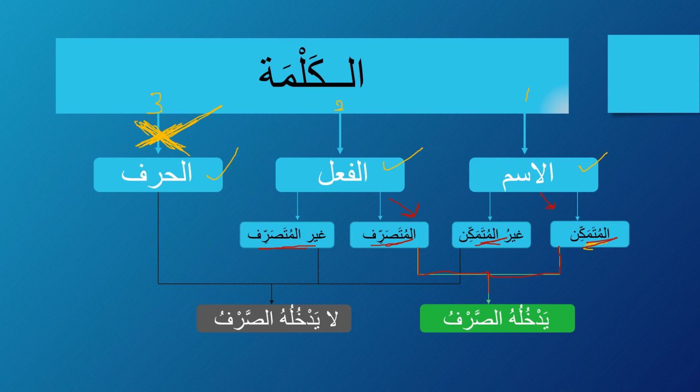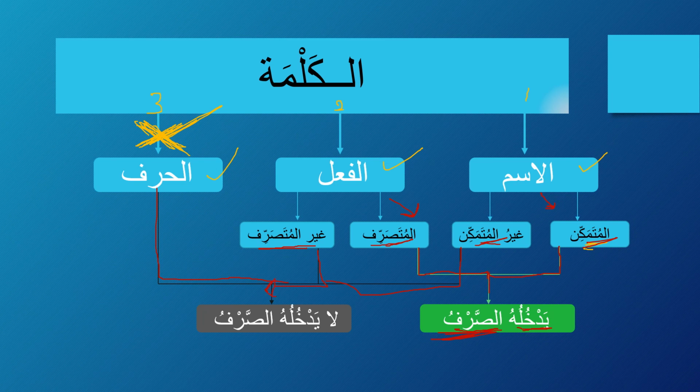So yadkhuluhu Sarf: it can change, Sarf has business with them. This science of morphology can penetrate them, we can study them in morphology. But in the case of ismun ghayru mutamakkin, fi'lun ghayru mutasarrif and harf generally, these three things, la yadkhuluhu Sarf.